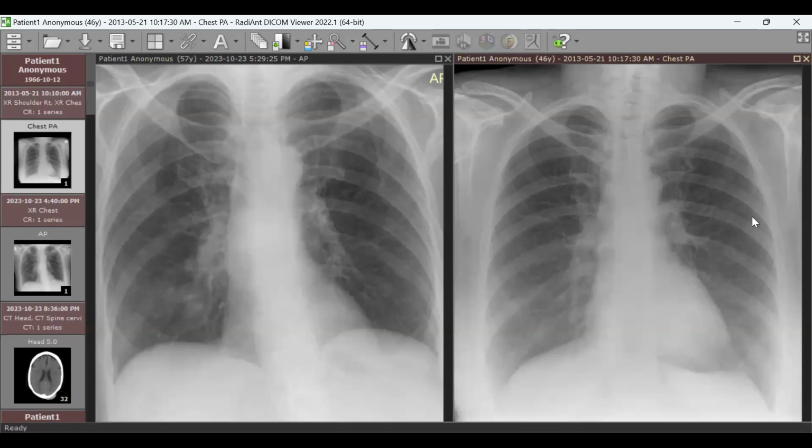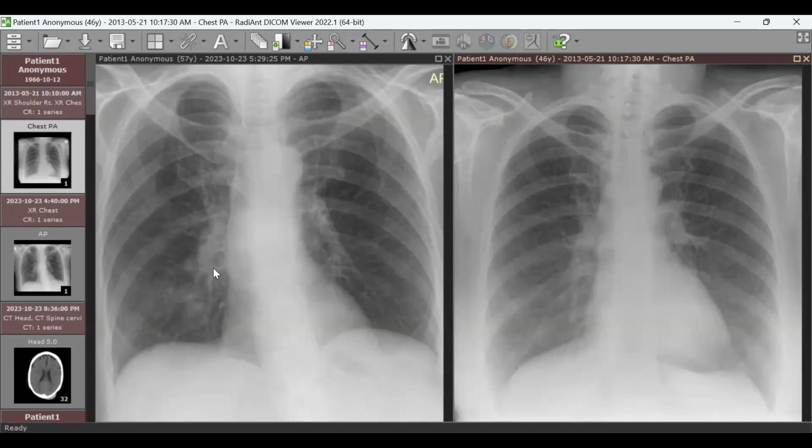Look at the lung fields, upper zone, mid zone, lower zone on either side, and see if there is any difference, any opacification, airspace disease. There is an ill-defined opacity in the right lower zone here, not seen in the previous film.